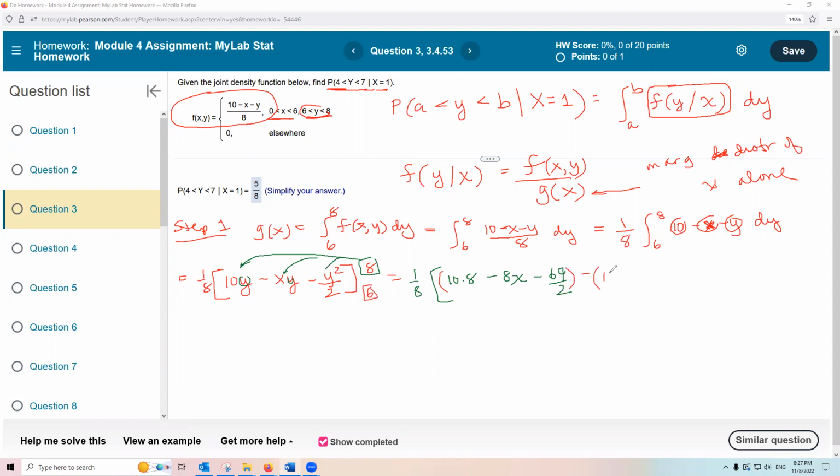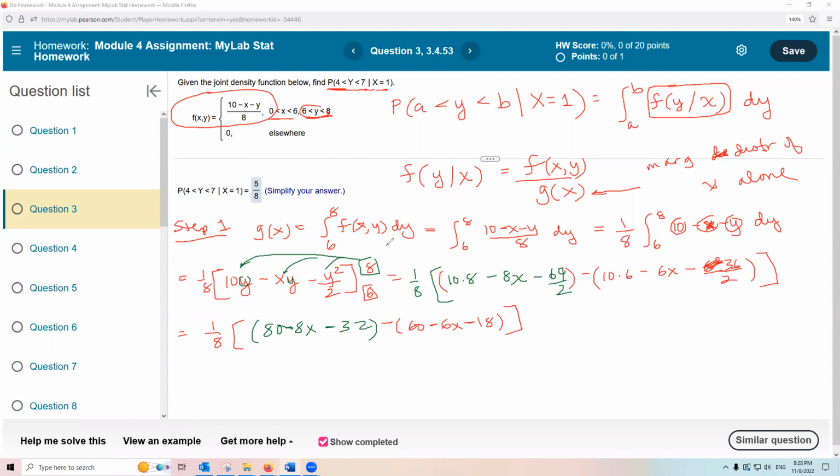So this is going to be 10 times 6 minus 6x minus 6 squared over 2, which I'll just write as 36. This is a little messy, but let's keep going. Let's see what we got here. I'll do this in green. This is 80 minus 8x minus 32. And in the second parenthesis, 60 minus 6x minus 18.